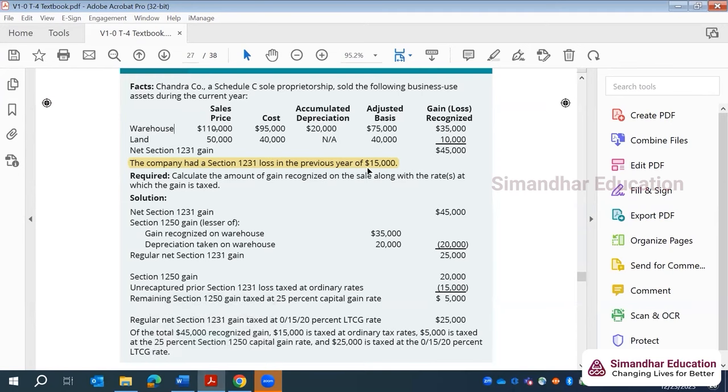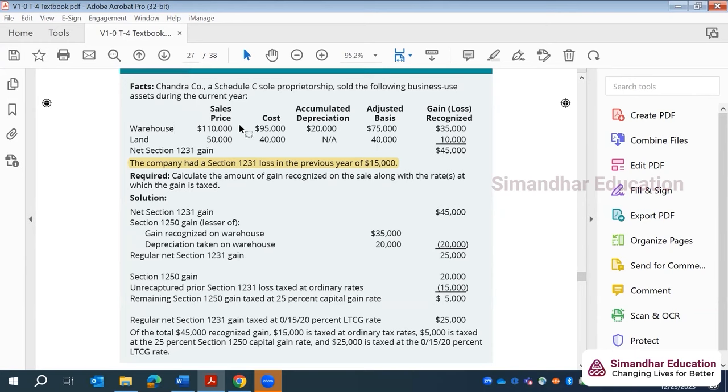The $10,000 will be my Section 1250 gain. All right. And if I don't have any look back rule, then of the $20,000, 10,000 will be my Section 1250 gain, which will be taxed at 25%, and 10,000 will be my Section 1231 gain, which will be taxed at a preferential rate.